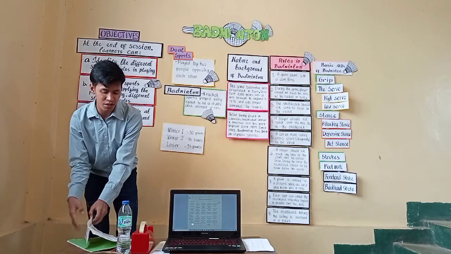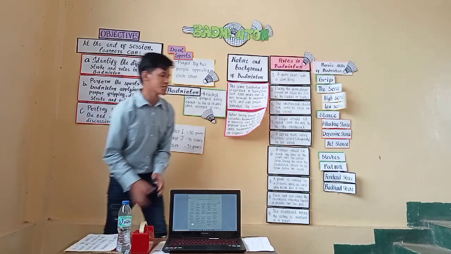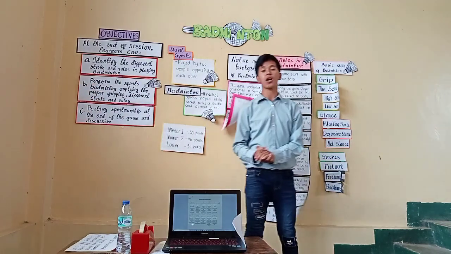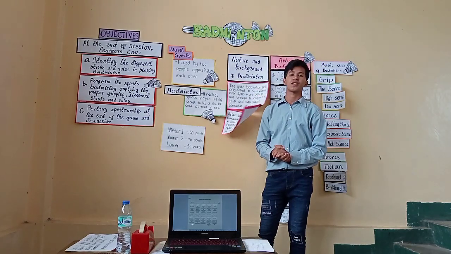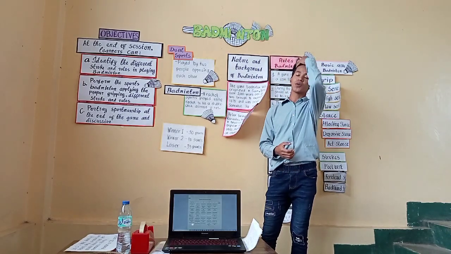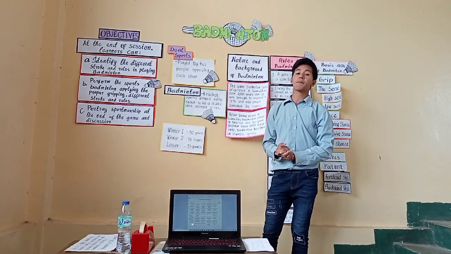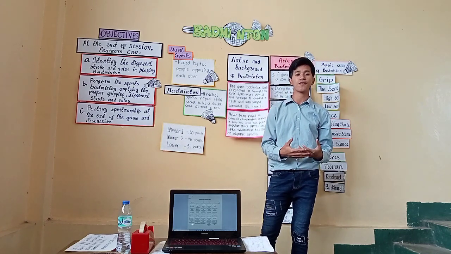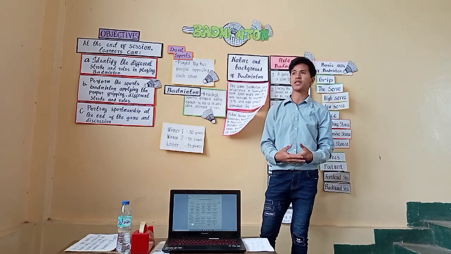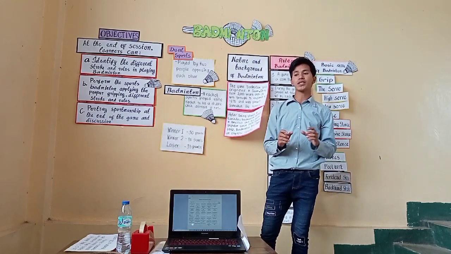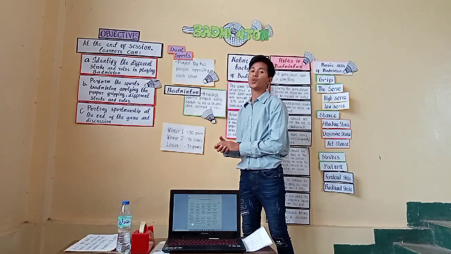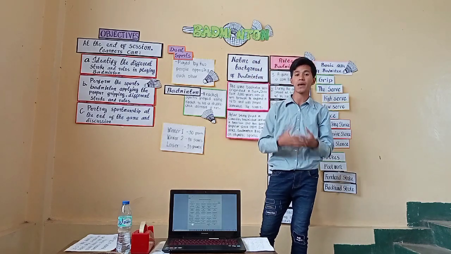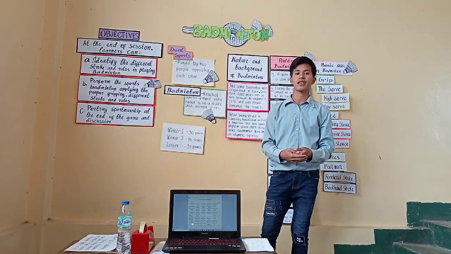So before we end our discussion, I will ask you, what have you learned in our lesson? Okay, so during the game badminton, it is important to have sportsmanship and teamwork, because it is one way on how we should maintain respect for our opponent.